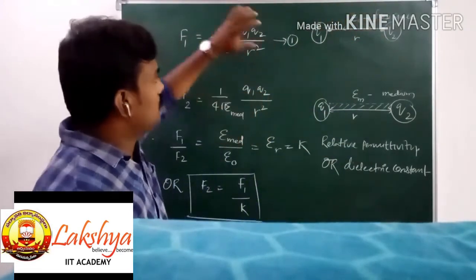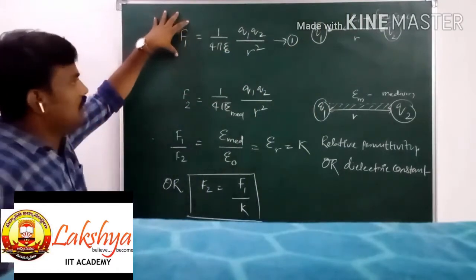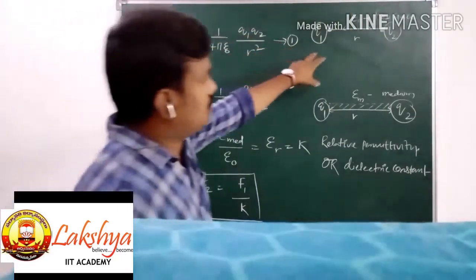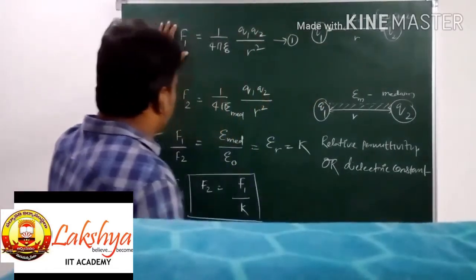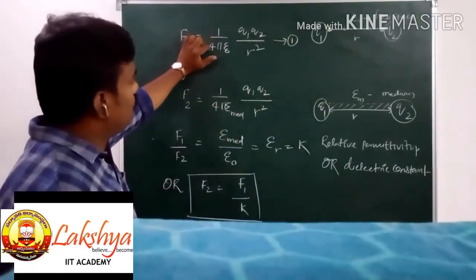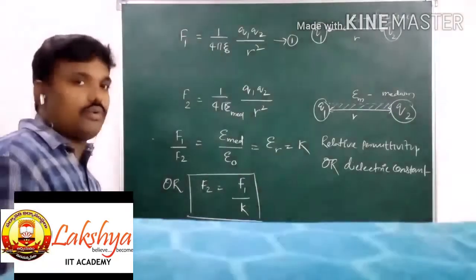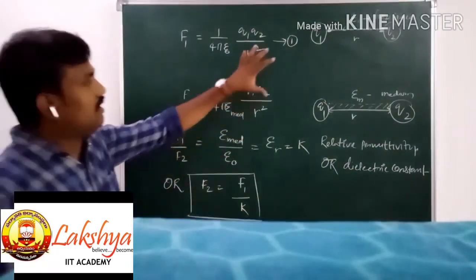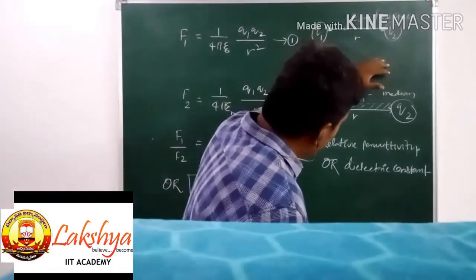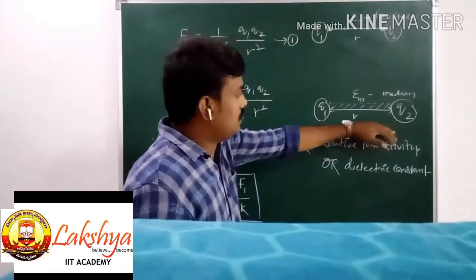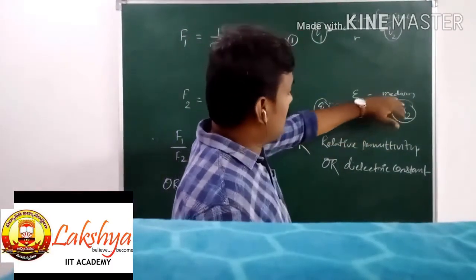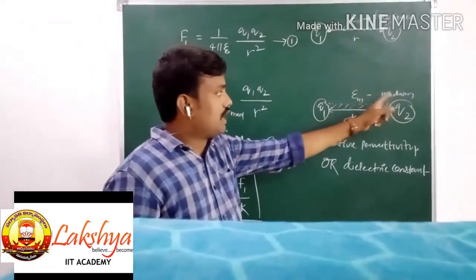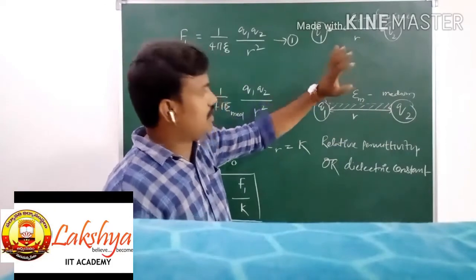Thereby we can write the Coulomb electrostatic force between the two charges as F1 equals 1 by 4 pi epsilon naught Q1 Q2 by r square. Now the same two charges are separated by distance r in a medium which carries permittivity epsilon m.